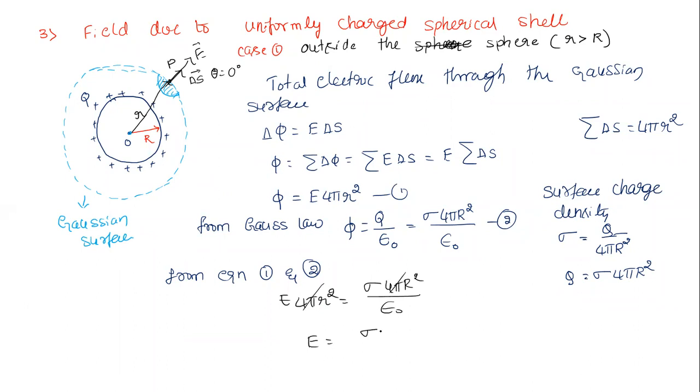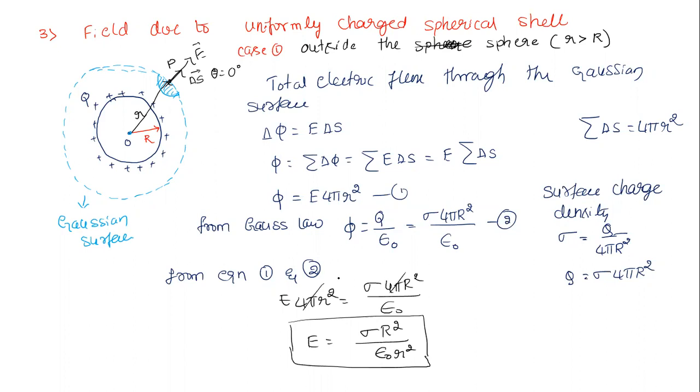Electric field is given by sigma capital R square by epsilon naught small r square. So this is the formula for what now? Electric field which is outside the sphere of a shell, which is uniformly charged.